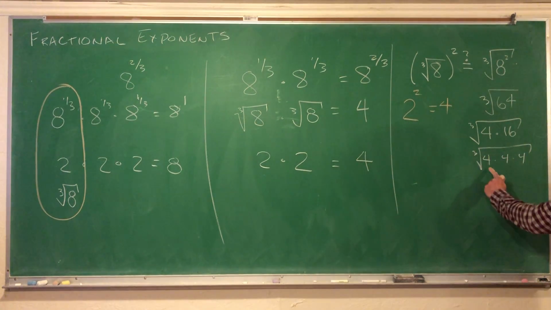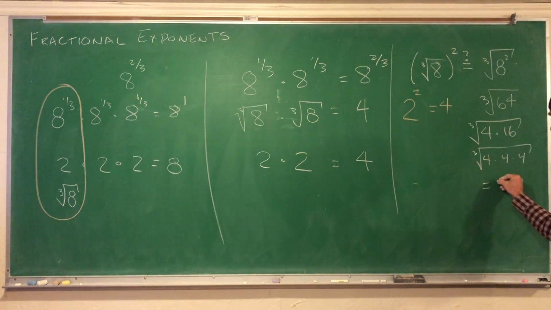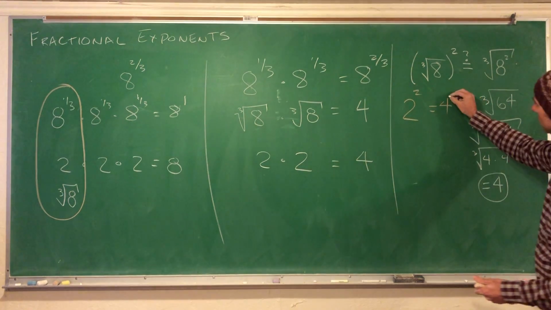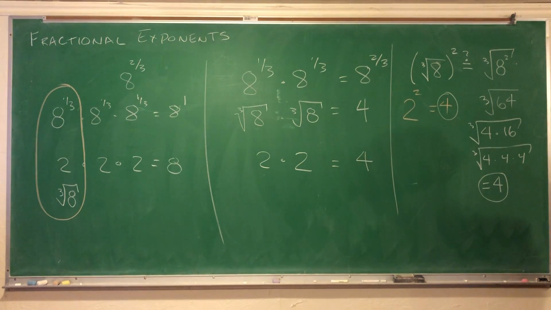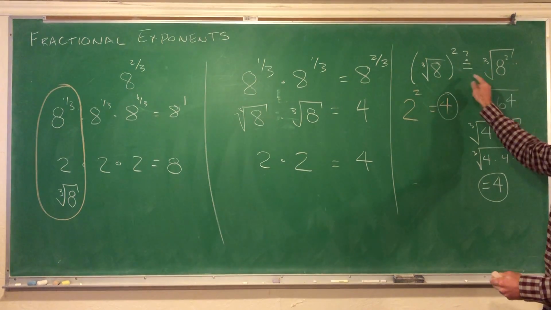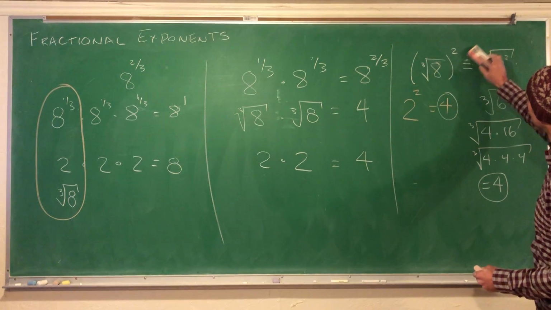Hey, look at that. It's a cube. I got 3 inside, so this is 4. As is this one. So this says these two are equivalent. So I can go ahead and erase that question mark.